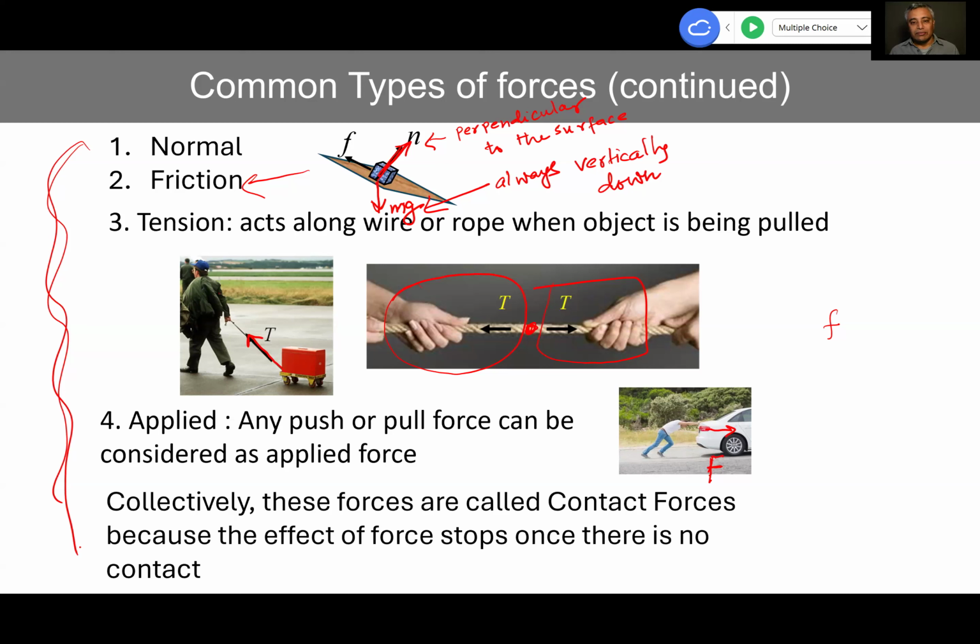Okay. In some cases, friction force can be negligible, just like the air resistance could be negligible for a falling object, right? Similarly, friction can be negligible, especially when the object is on an icy surface. Friction is very small compared to other forces, so we can neglect it, okay? So sometimes in a question, you may be told, okay, friction is negligible.